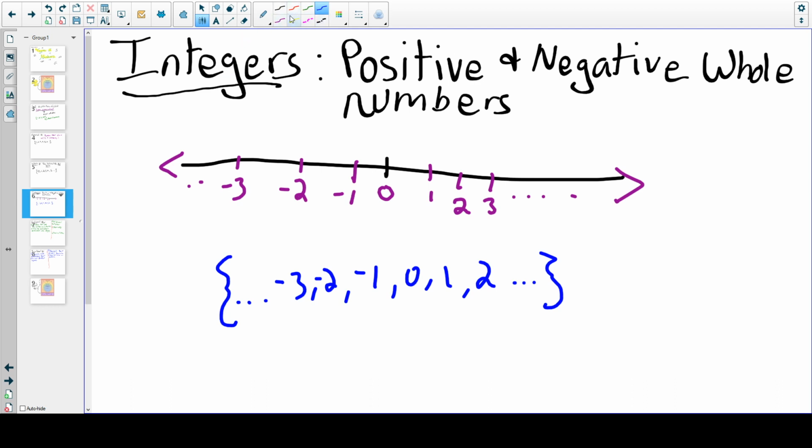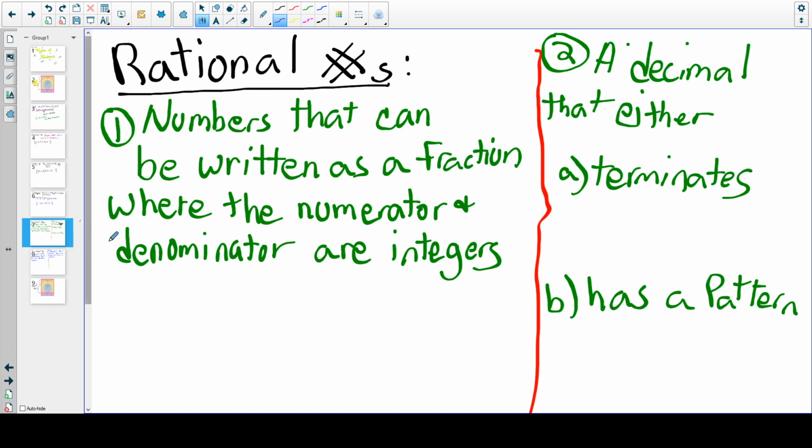Okay? Now we're going to get into the juicy stuff. Rational numbers. I kind of pre-wrote everything. I'm going to highlight this because these are the big ideas. Rational numbers are numbers that can be written as a fraction where the numerator and denominator are integers.